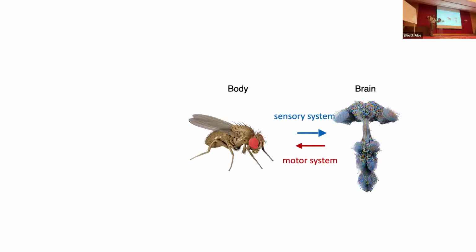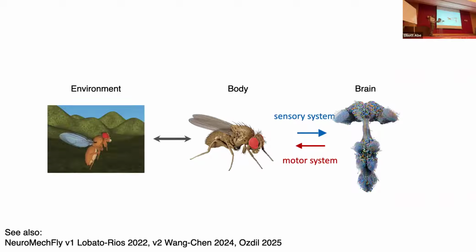All these inputs and outputs come from the body. And that's the brain's way of having an impact on the world, on its environment, through the body. And so the body matters, and we need to embody the connectome in order to be able to make progress on building simulations at this scale.